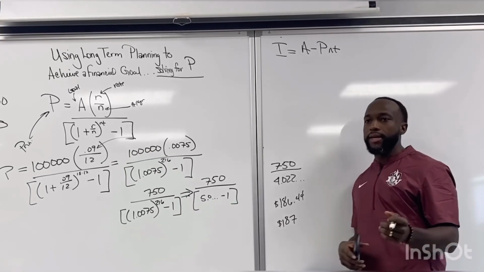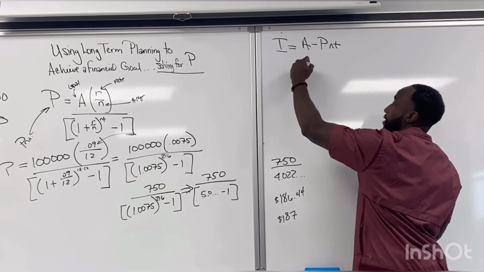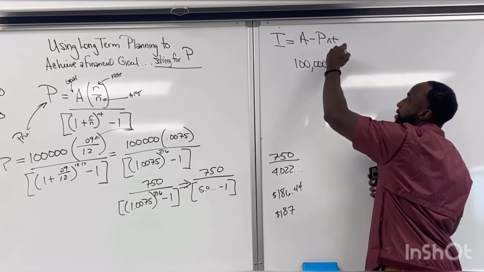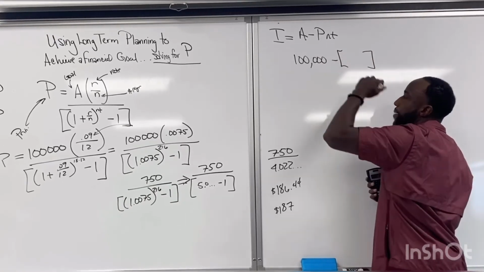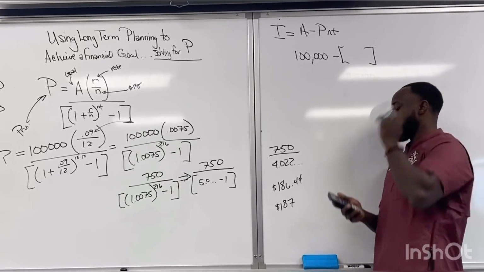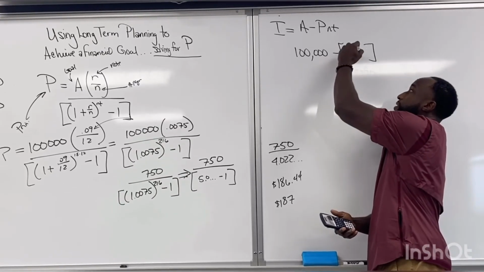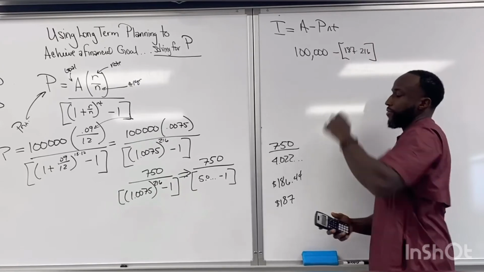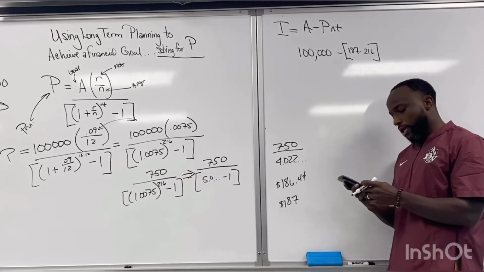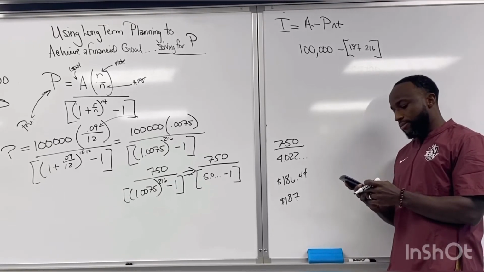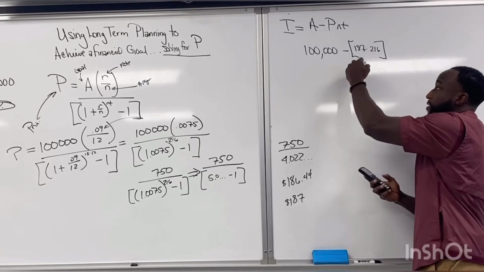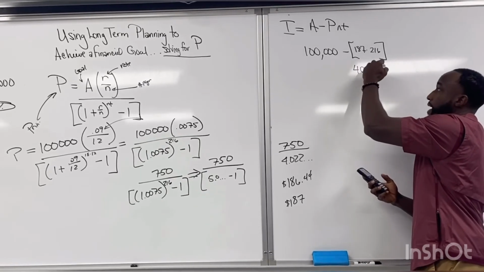All right. So now, of the $100,000, check this out. How much is actually coming from you, and how much is actually coming from the bank? So that would be P times N times T: 187 times 216 gives us 40,392.